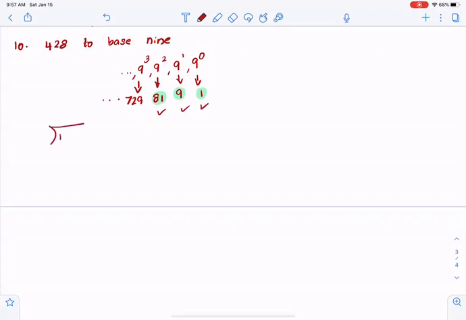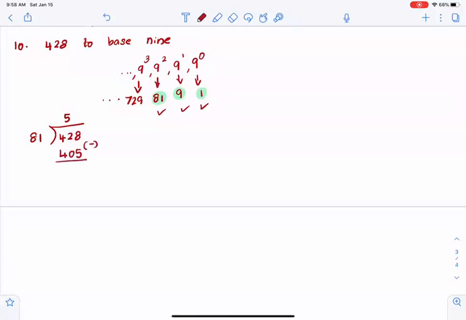So 428 divided by 81. So 81 times 4 is 324, which is less than 428. 81 times 5 is 405, which is also less than 428. So 81 times 5 is 405.